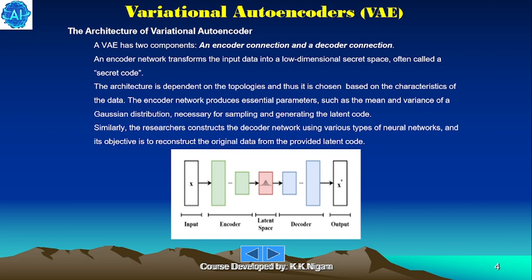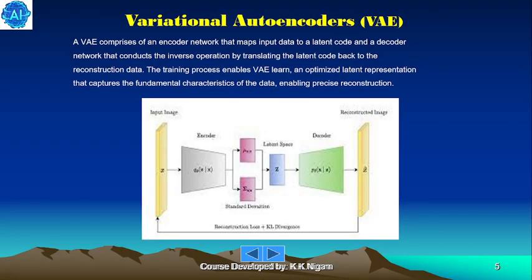The encoder network produces essential parameters such as the mean and variance of a Gaussian distribution, necessary for sampling and generating the latent code. Similarly, the researchers construct the decoder network using various types of neural networks, and its objective is to reconstruct the original data from the provided latent code.